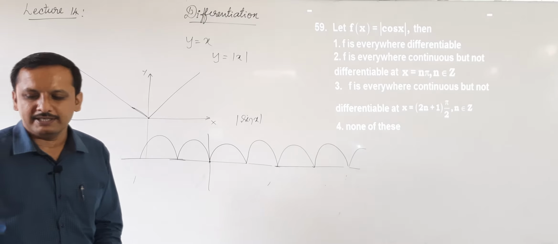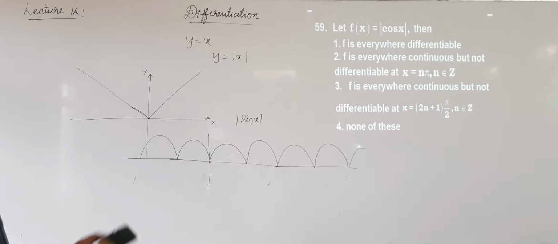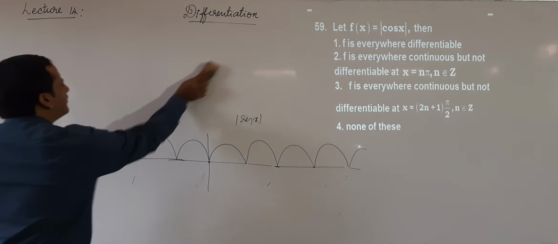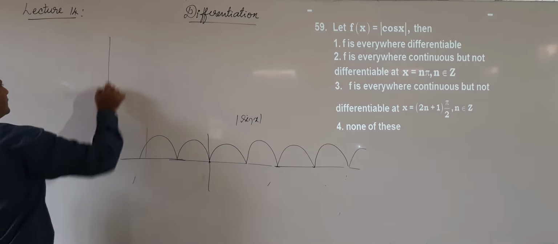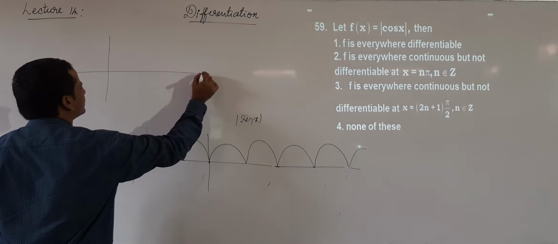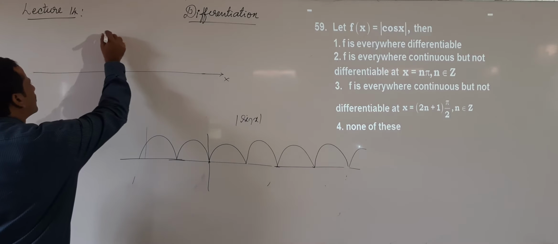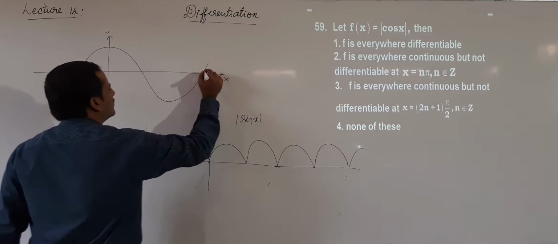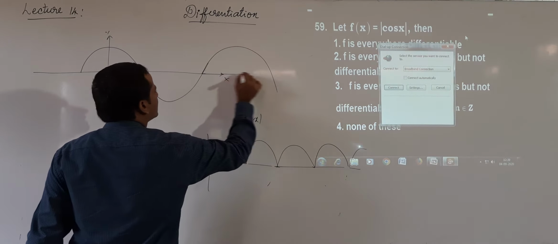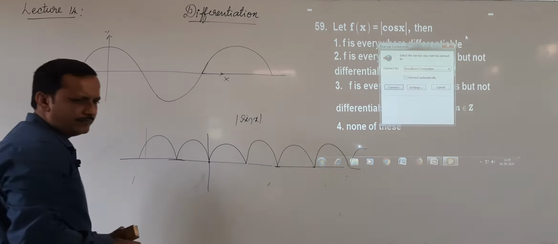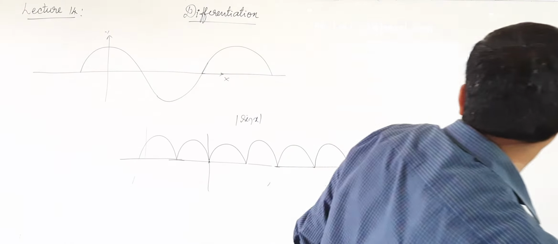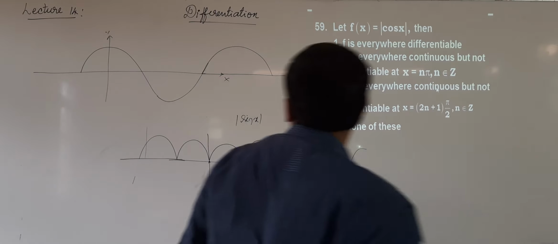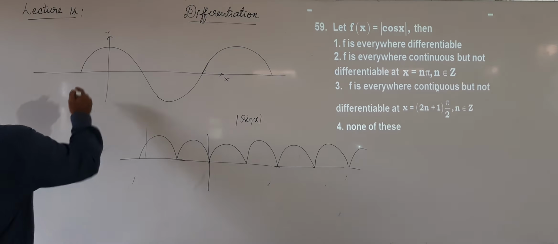Did you understand? Now, let us have a look at the graph of mod cos x. For that, first I will draw the graph of cos x, then we will look at mod cos x. This is the graph of cos x, right? Now, we will draw the graph of mod cos x.